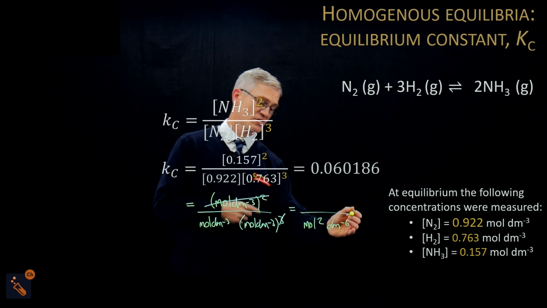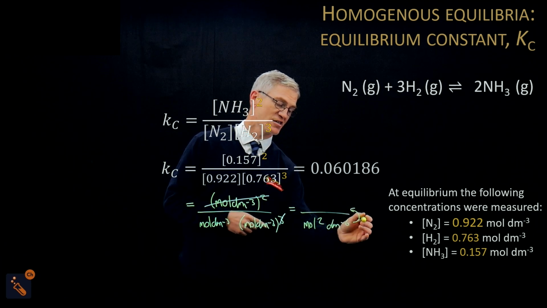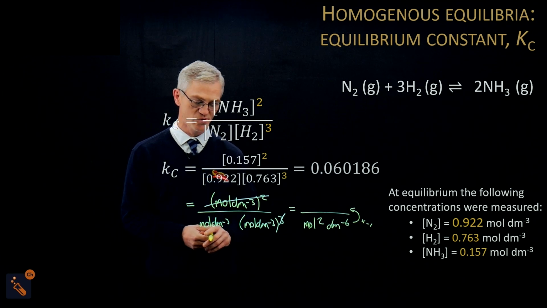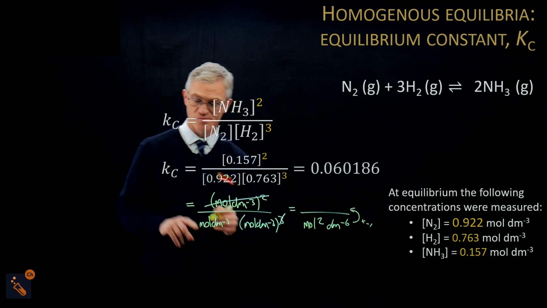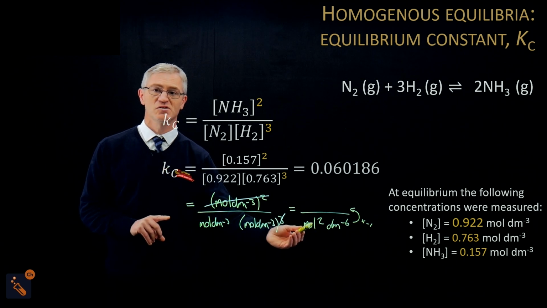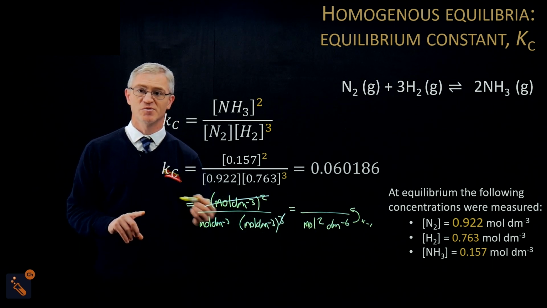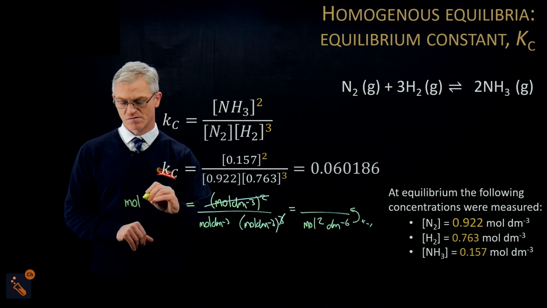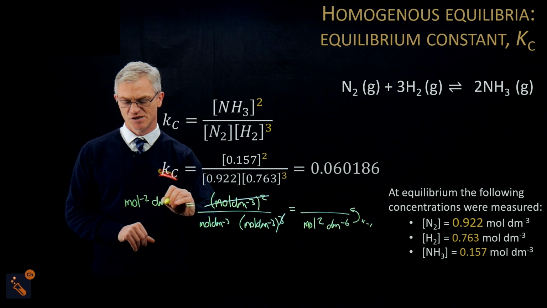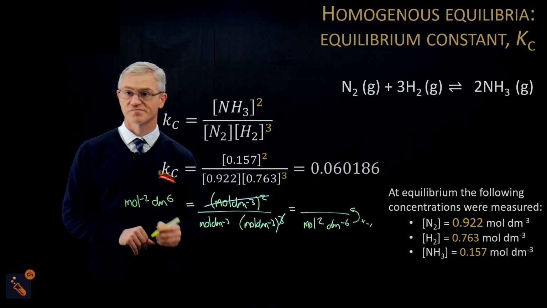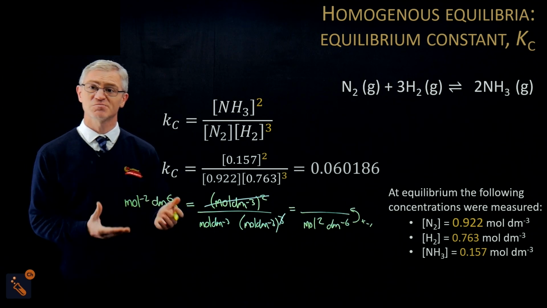So if I'm going to do this and make it the numerator, it's like timesing by minus 1. Okay, so I need to times that all by minus 1. So if I times that by minus 1, I come over here and I say what the final thing is. Moles 2, okay, times by minus 1 is moles minus 2. So moles minus 2, and then decimeter minus 6 times by minus 1 is 6.